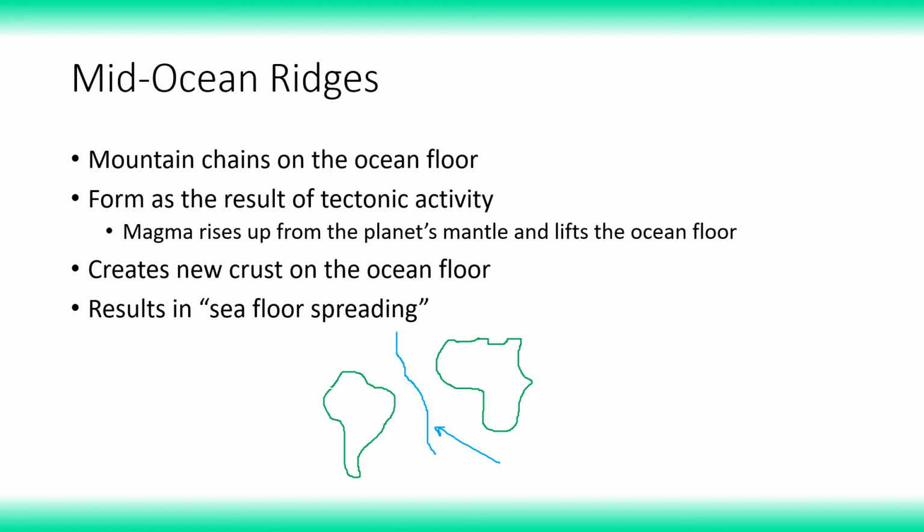And so that's one of these underwater mountain chains. They are similar to volcanoes in that the magma rises up from the mantle and it lifts up part of the ocean floor, which is what creates this ridge.